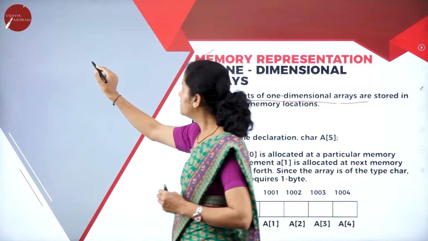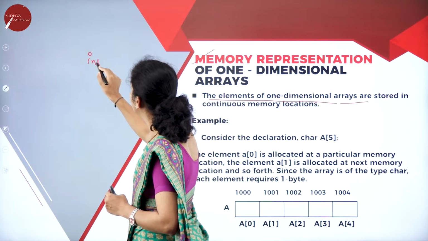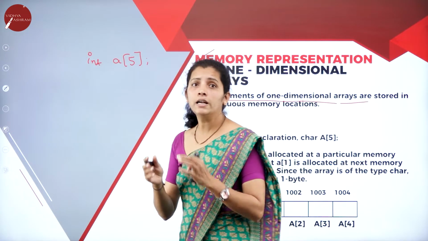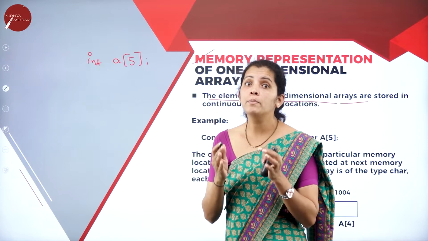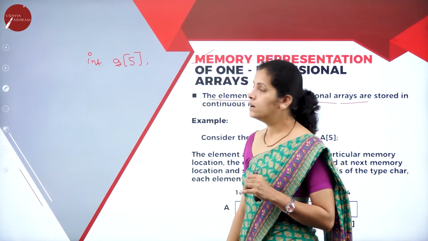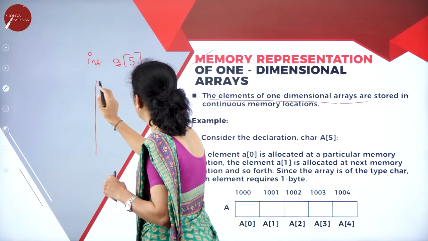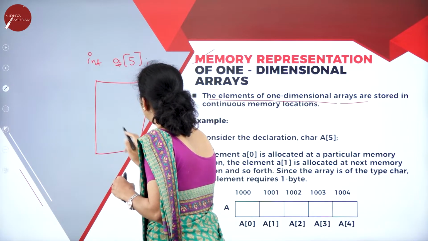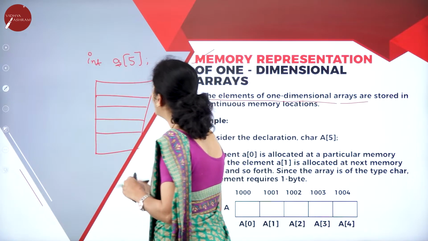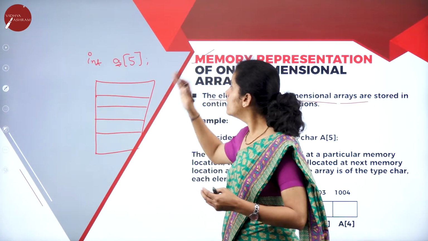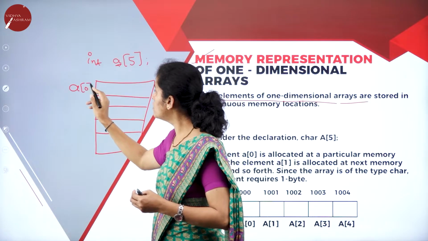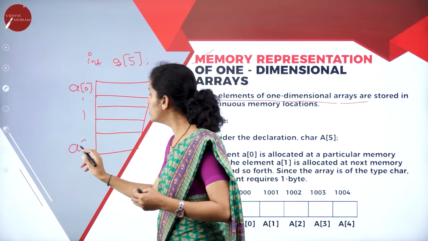Okay, if I write int a of 5, the continuous 5 memory locations are allocated for this array. For example, think that a continuous block of 5 memory locations is allocated for this array A. So, A of 0 up to A of 4.